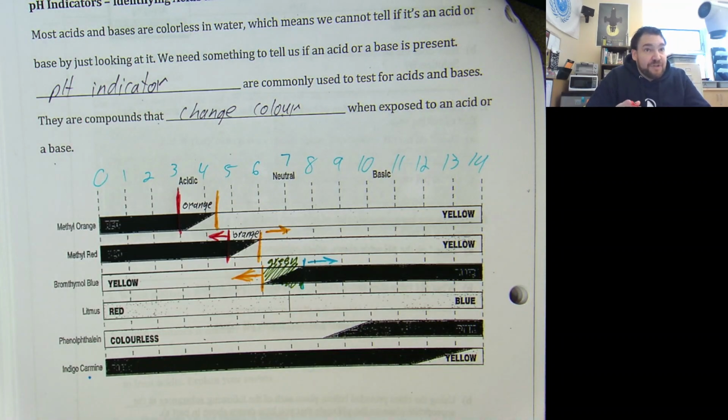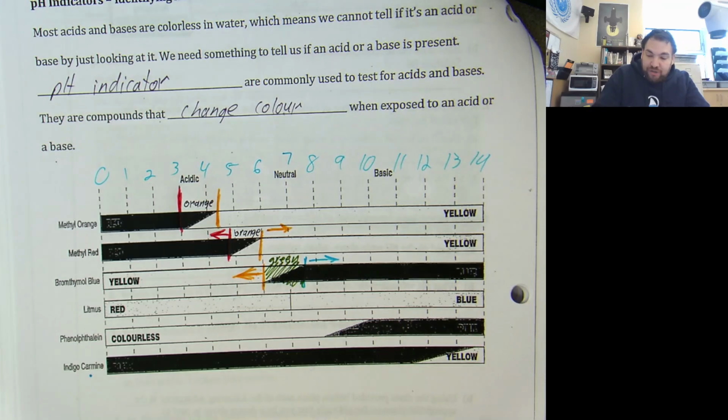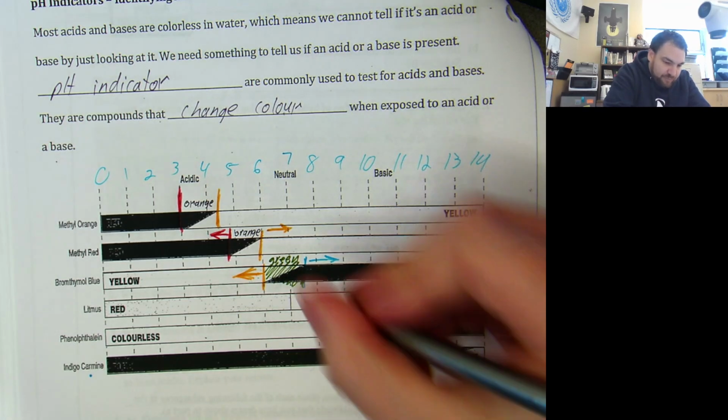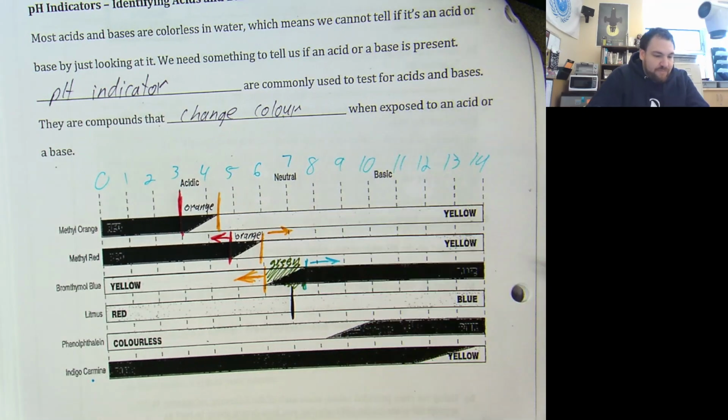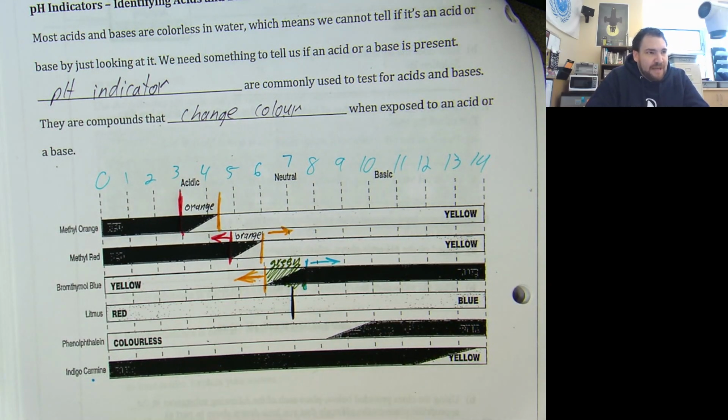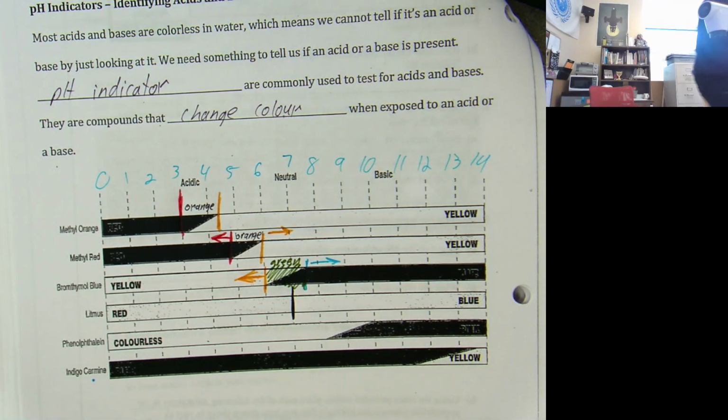Litmus. Litmus is a nice one to use as well. Litmus will go red in an acid, it'll go blue in a base, and it's a hard line between those two. I've got some litmus here.